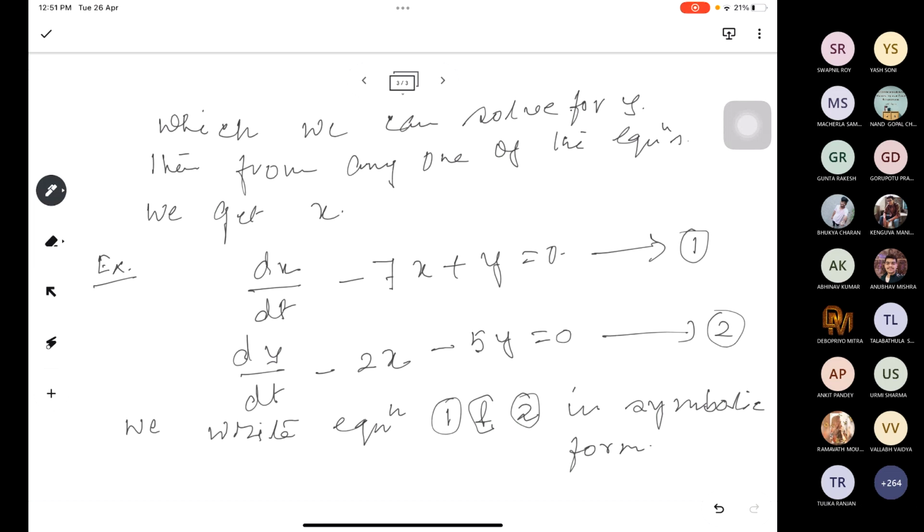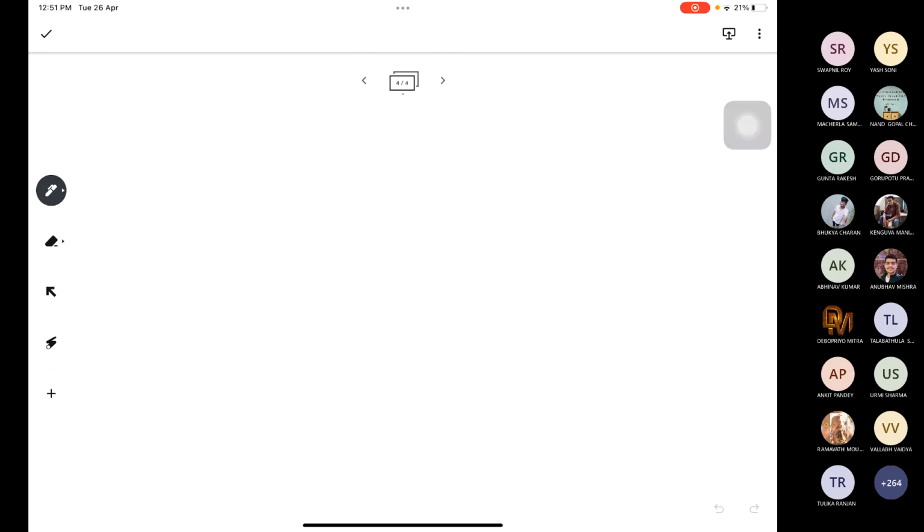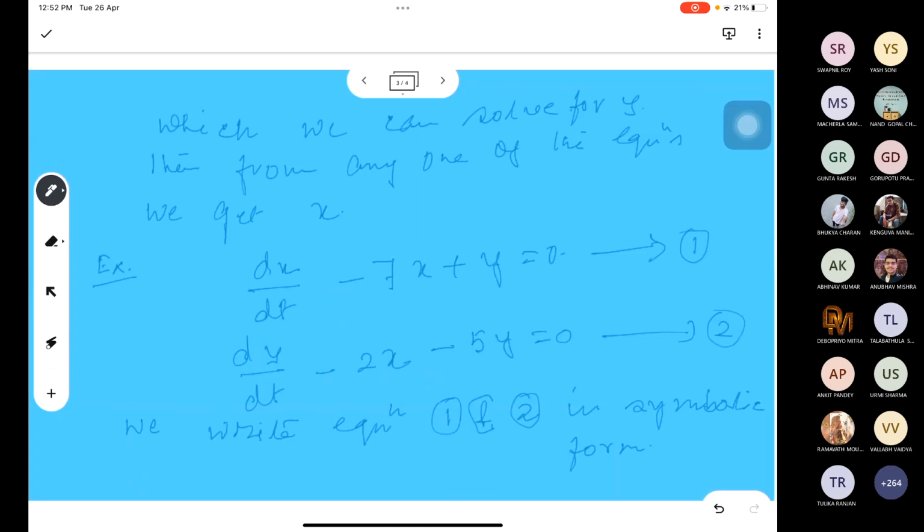So this will be (D minus 7)x plus y, where capital D is equal to d by dt.